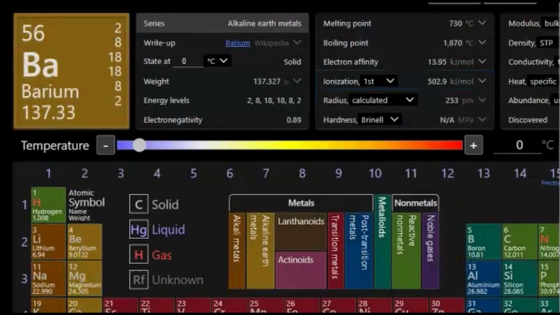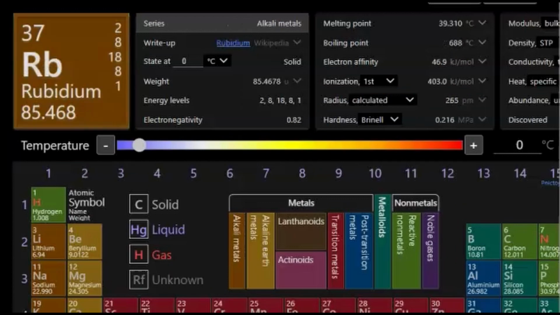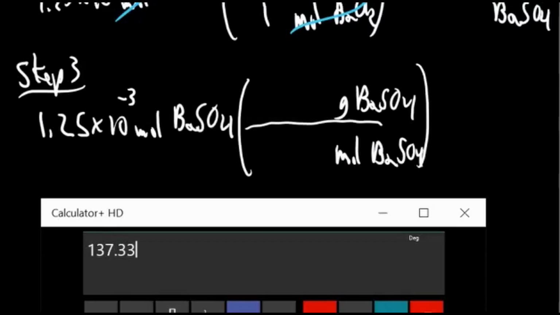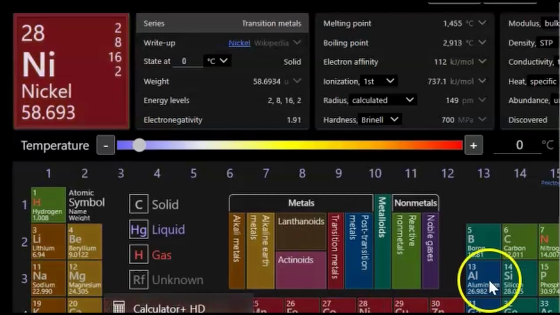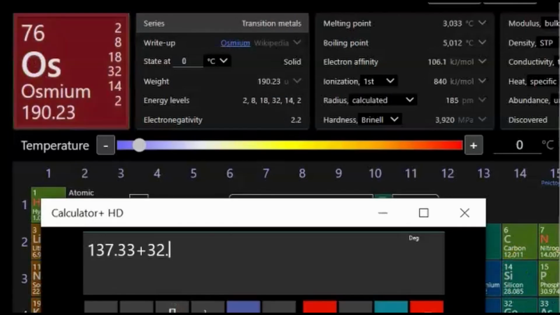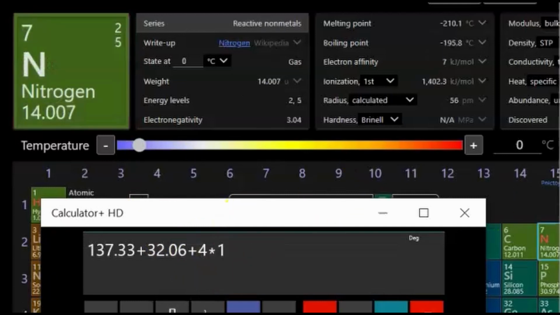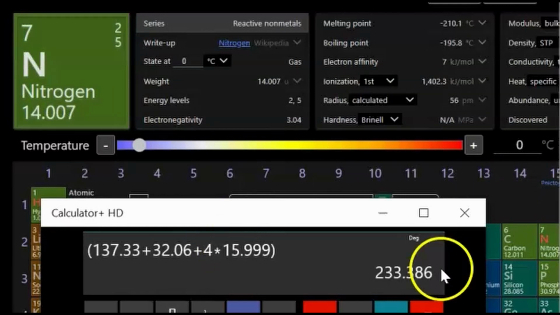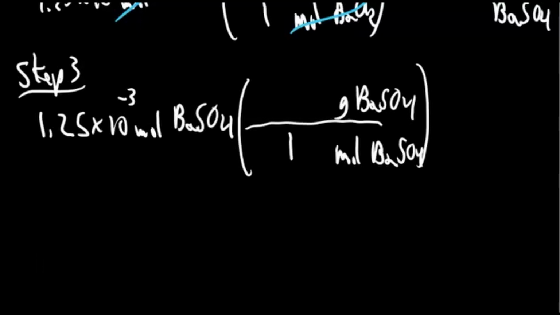Barium is way down here, 137.33. 137.33 plus 32.06, that's sulfur, plus, and there's 4 oxygens, right? 4 times oxygen here is 15.999. 233.386. So 1 mole weighs 233.386.